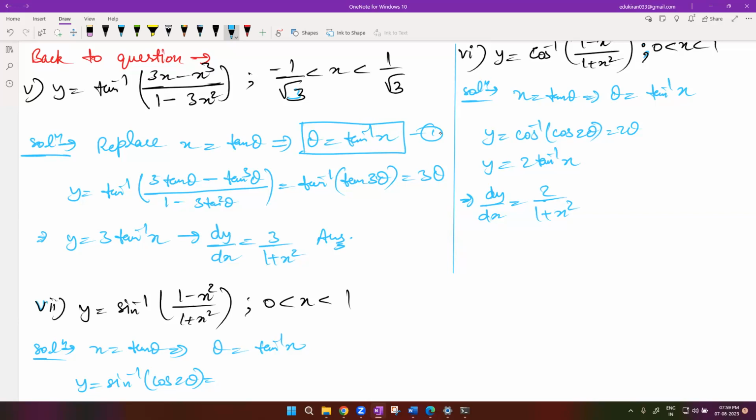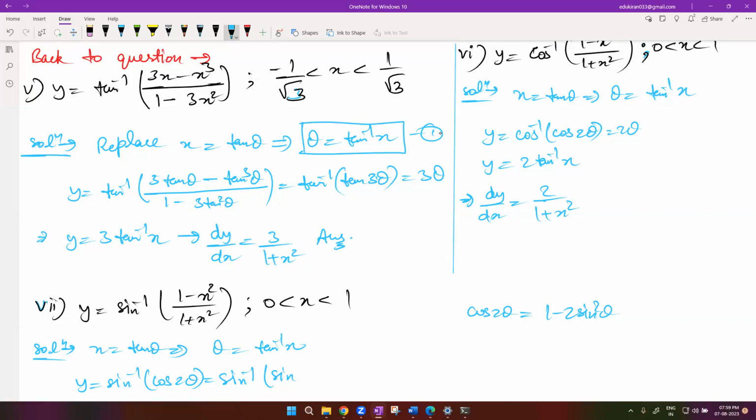We have to further change cos 2 theta in some terms of sine, right? Now, there are multiple formulae for cos 2 theta, which we have used above. But if you use one of them, they won't give you any particular answer in this case. I can write cos 2 theta like this, but it is of no use because this will not reduce sine inverse in any way.